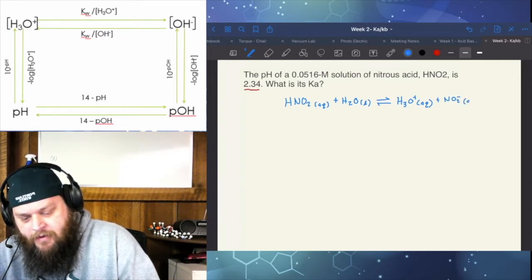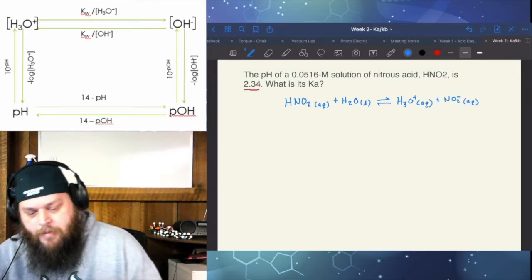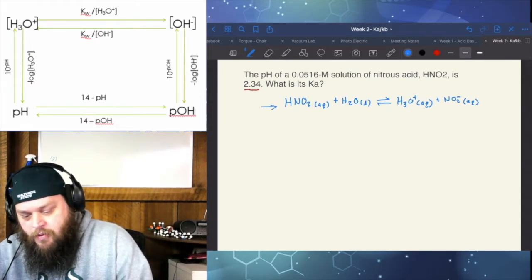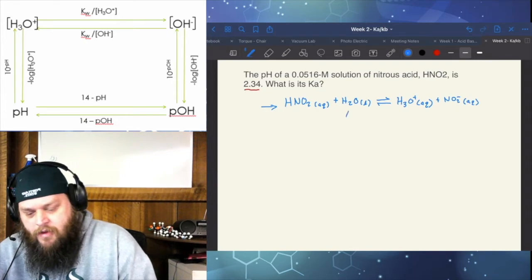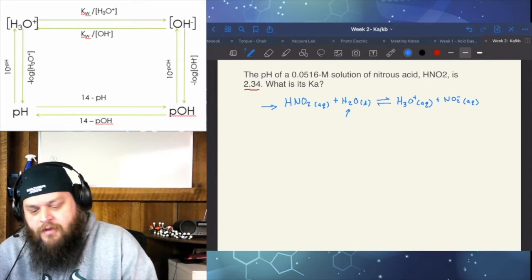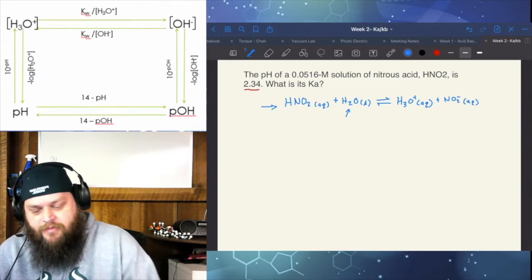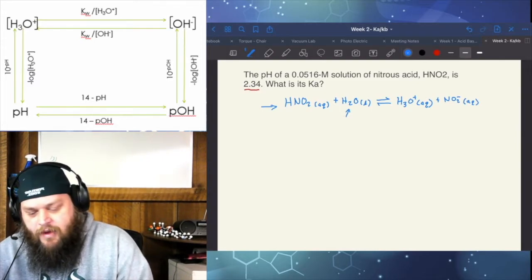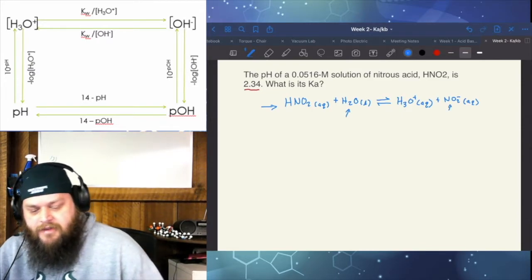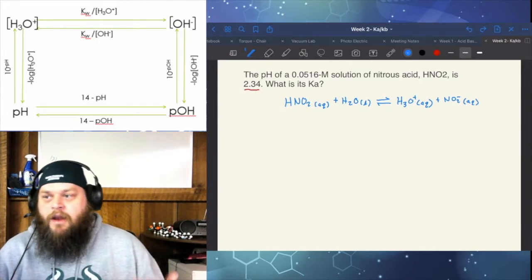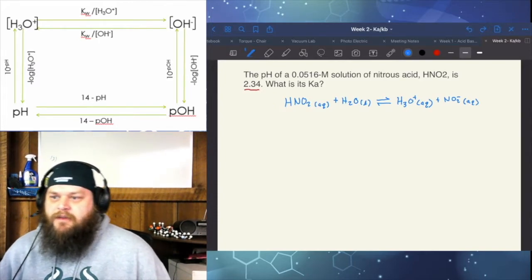Whenever you're writing out these balanced equilibrium equations, it's really just start with whatever acid you have, add water to it, right? And then the water is going to gain a hydrogen ion if it's an acid that you have to begin with, and the acid loses it to become its conjugate base. But it's a good thing to kind of write out, and you can visualize what it is.